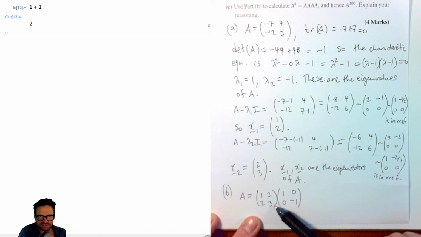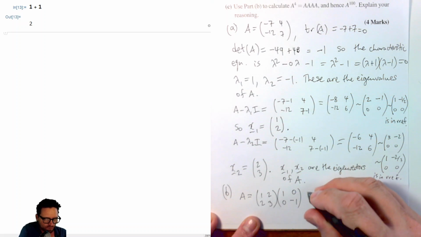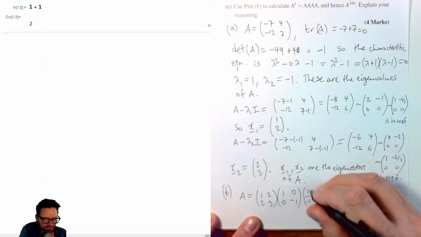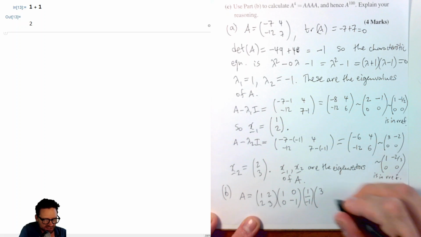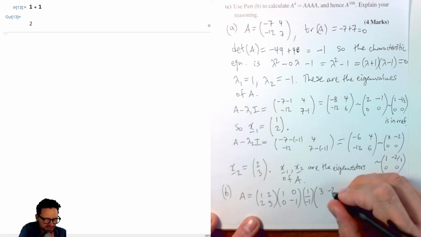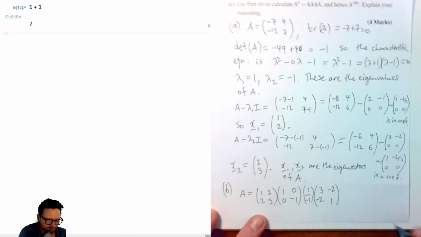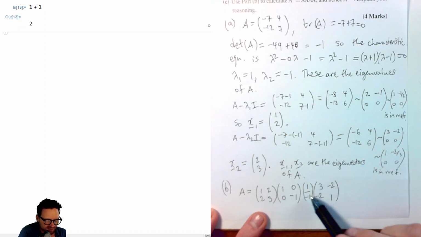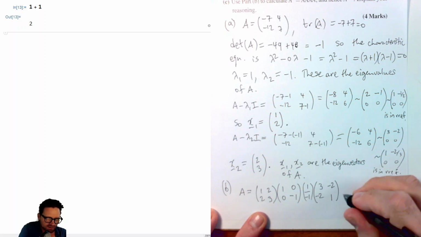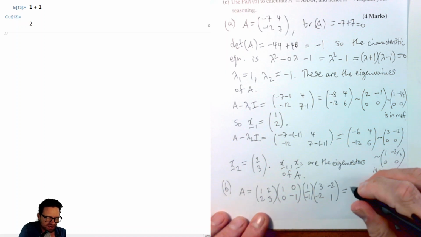So let's calculate the determinant of it. It's 3 minus 4, which is minus 1. So we have 1 over minus 1, and then we swap our diagonal elements and put minus signs on the off diagonal elements. Now let's simplify this, because that fraction here is just minus 1, so we can put that minus 1 inside, and it's still relatively tidy.